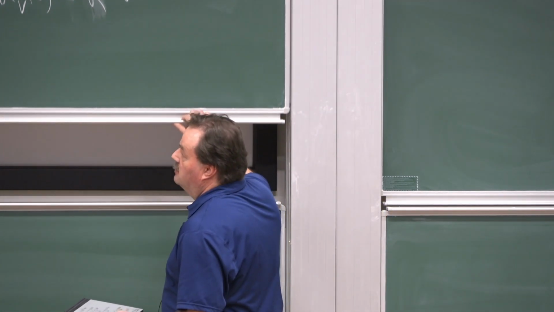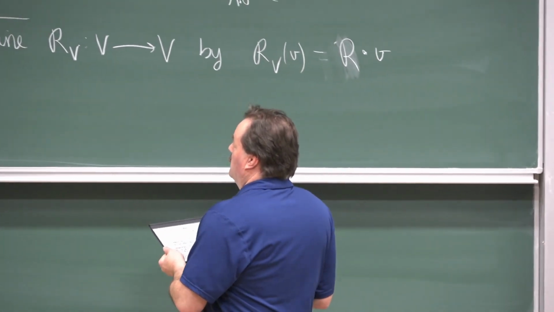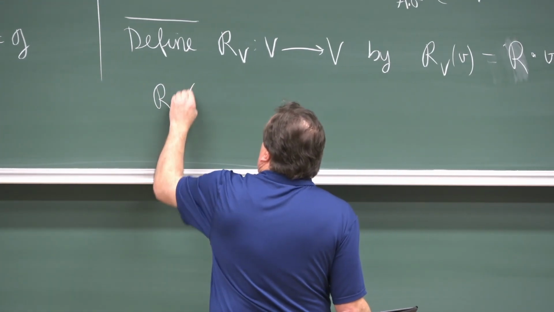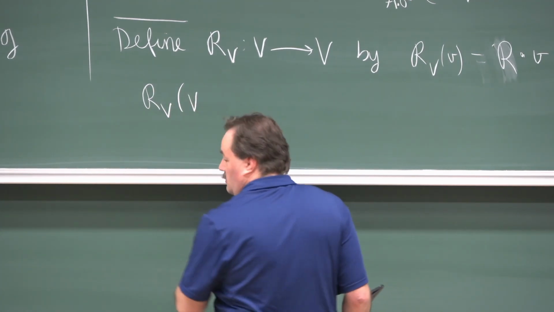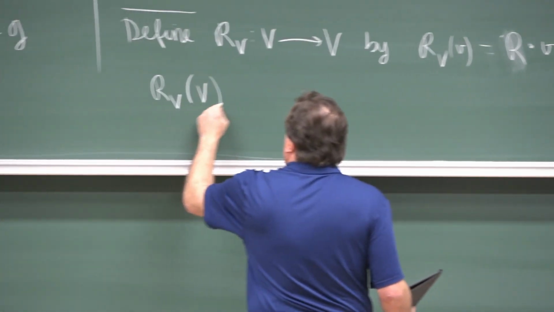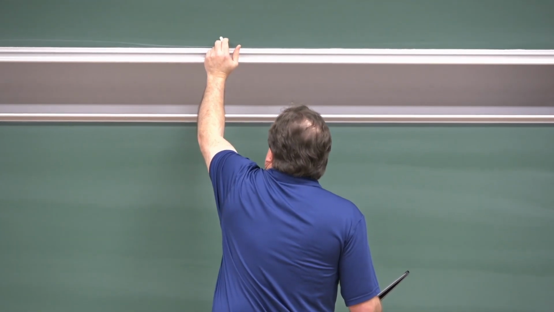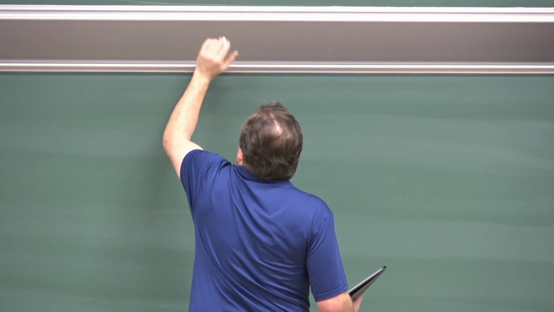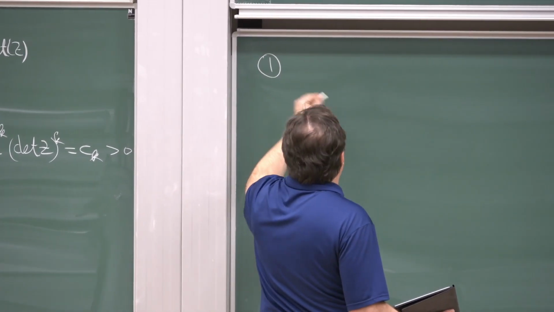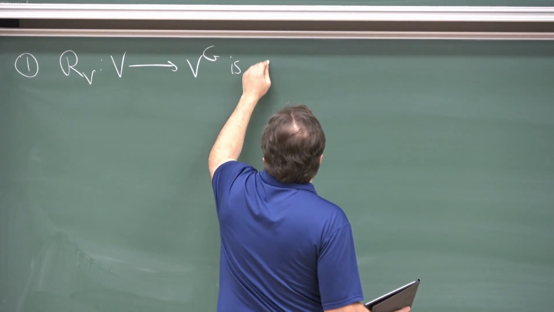Using all the axioms, we can show, for example, that the image turns out to be exactly the space of invariant vectors. More precisely, this is a projection.